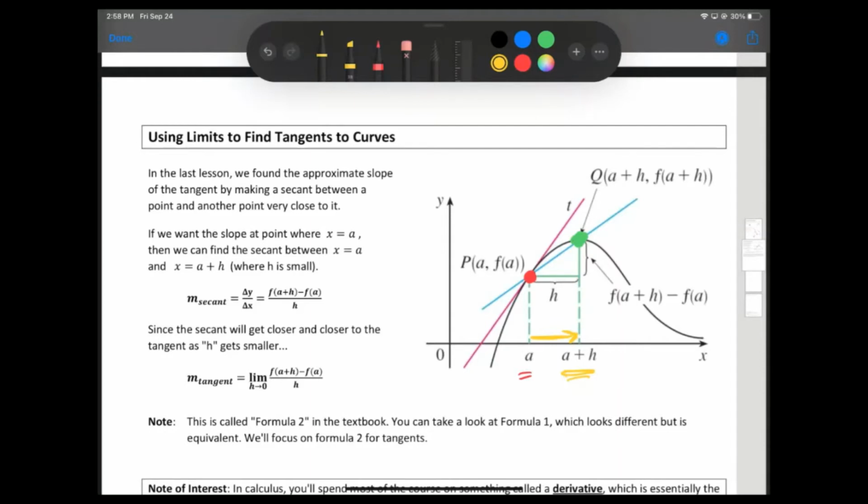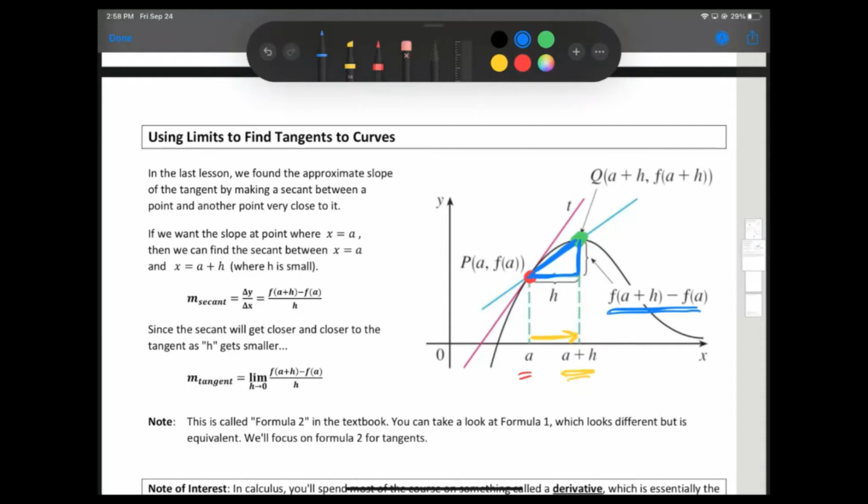Now we have a little triangle right here. The slope of the diagonal part should be equal to the rise over the run. The rise is the change in y values of the two points, so f at a plus h minus f at a. And the run is going to be h, because it's really a plus h minus a, which is h.